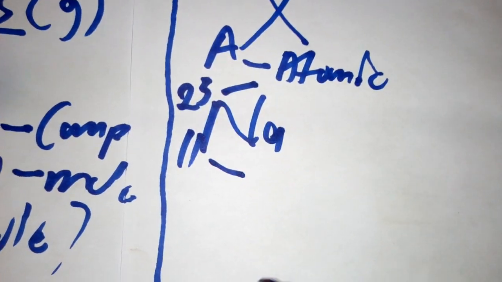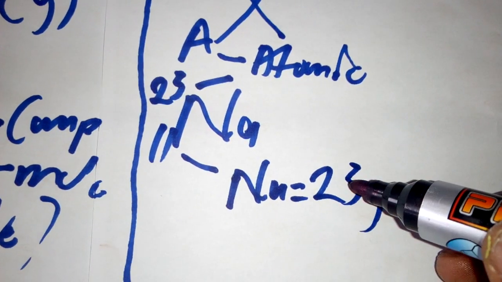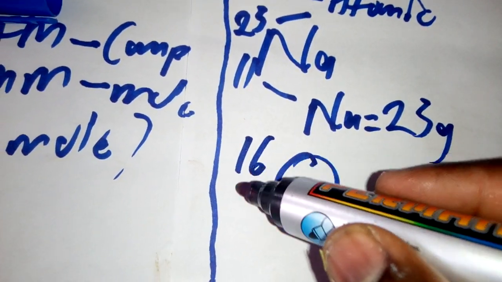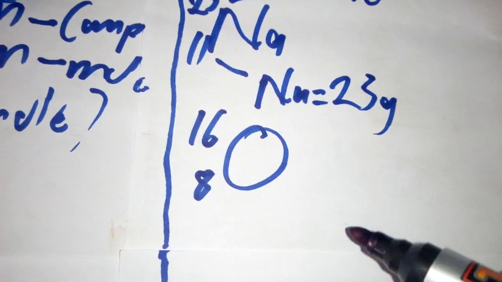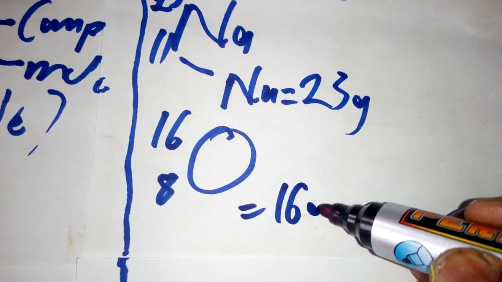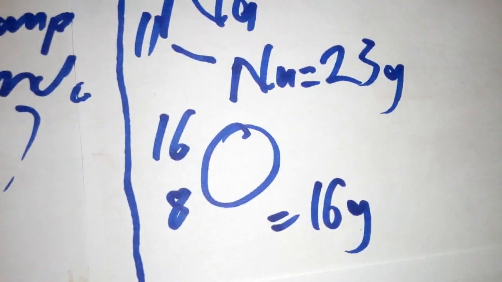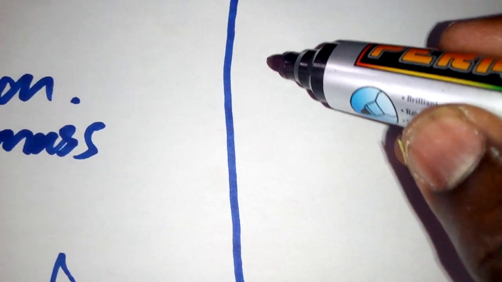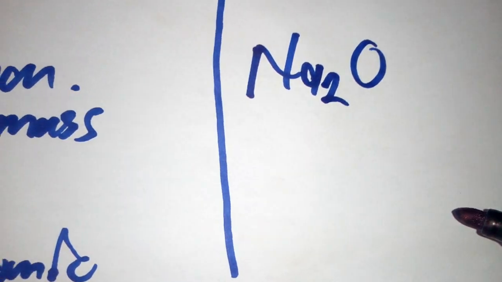That means sodium is 23 grams. If I look at oxygen, the notation of oxygen is 16 and 8. 8 is the atomic number, 16 is the mass, so oxygen is 16 grams. So how would we calculate the mass? When I say sodium oxide, find the mass of sodium oxide.